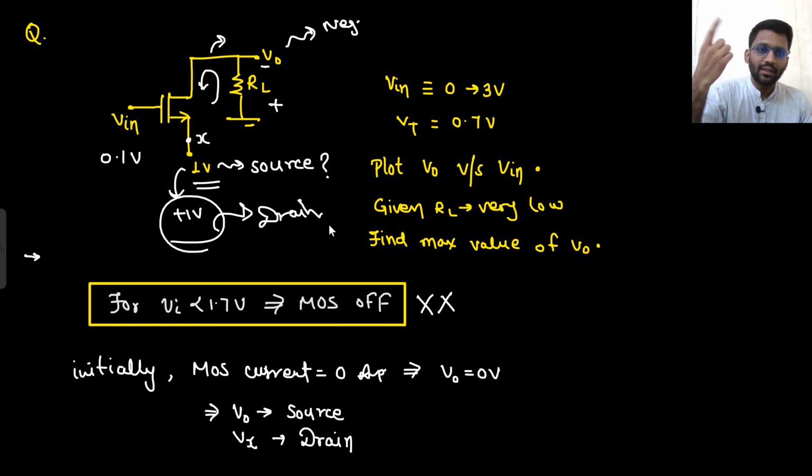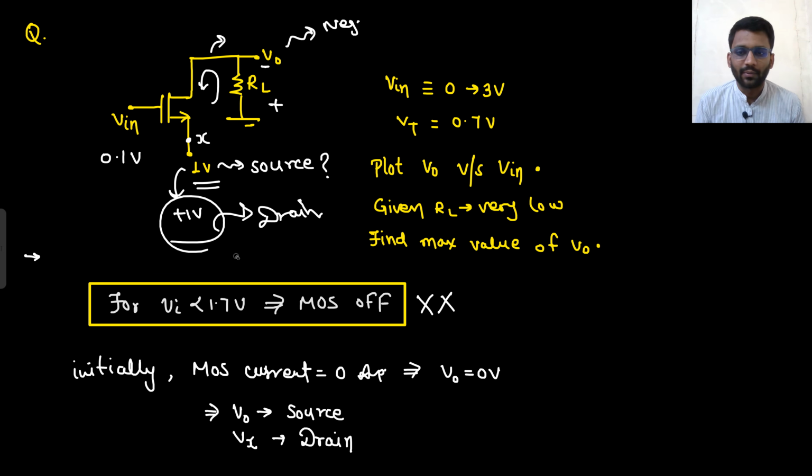If I assume it to be source, then the current direction would be from up to down. If that is the current direction, then V0 will be negative. And if V0 is negative, that means drain potential is negative and source potential is at 1 volt, which is not possible. So what did I get to know? That 1 volt will always be drain and V0 will always be source. Say yes or no. No matter how I draw the circuit, V0 will always be source and 1 volt will always be drain.